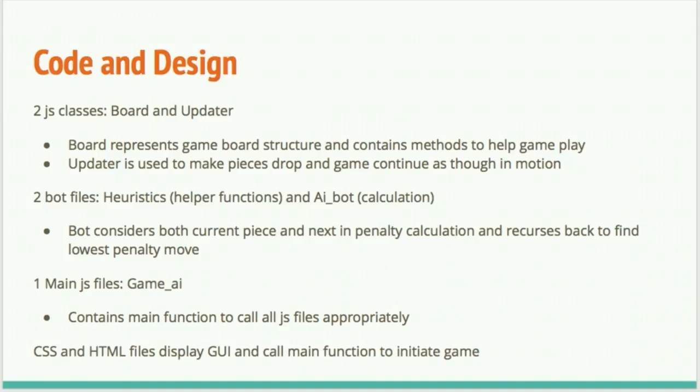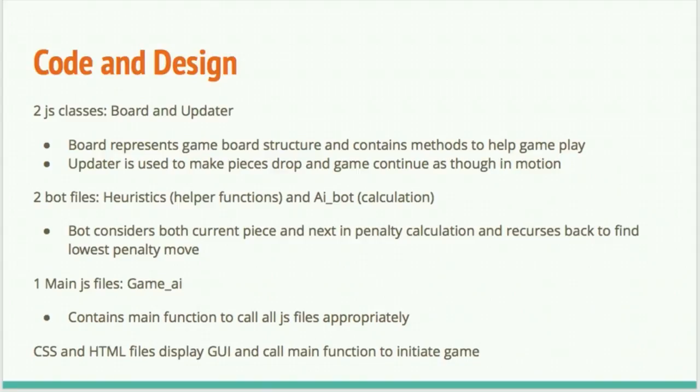The first 2 JavaScript files were classes that we created to make our game easier to display, a board and an updater. The board represents the game board structure and contains methods to help the gameplay, and the updater is used to make pieces drop and the game continue as though in motion. The second 2 JavaScript files were for our bot: a heuristics file, which consisted of several helper functions to calculate the heuristics, and an AI bot file, which actually made the calculation of the best move.